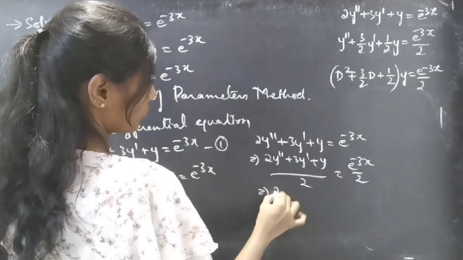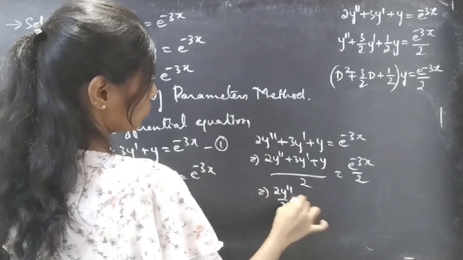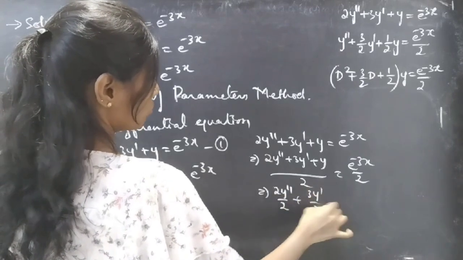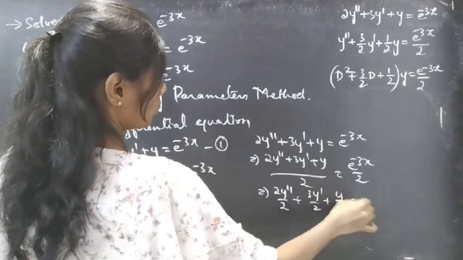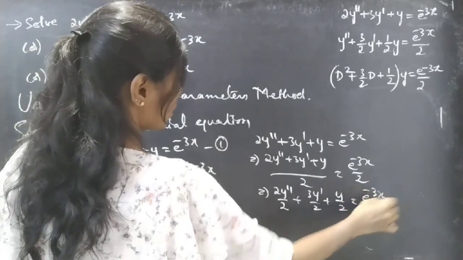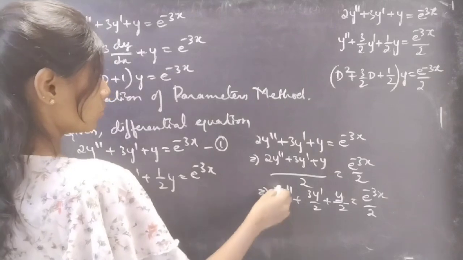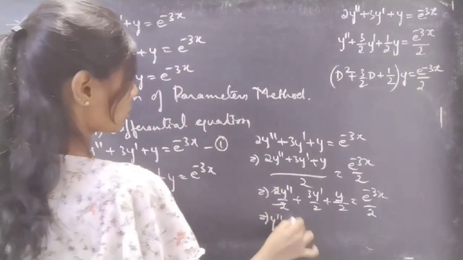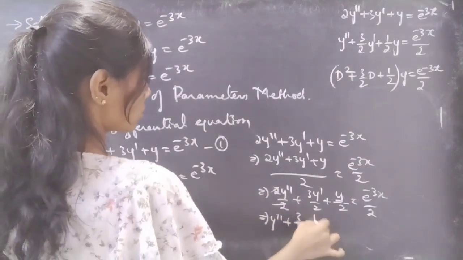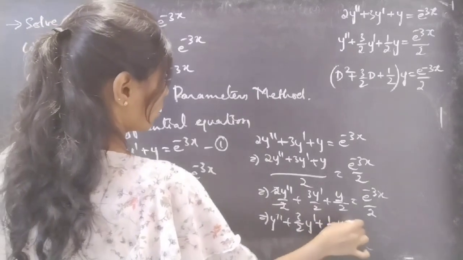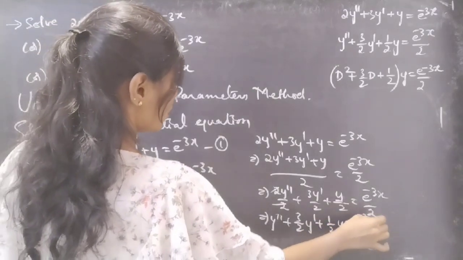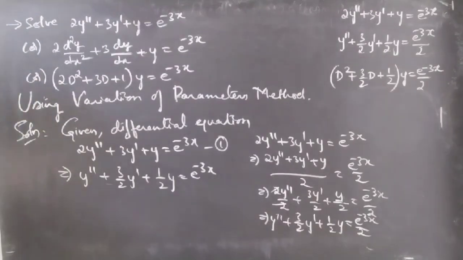we'll get 2y''/2 + 3y'/2 + y/2 = e^(-3x)/2. The 2 gets cancelled and you'll get y'' + 3/2 y' + 1/2 y = e^(-3x)/2.